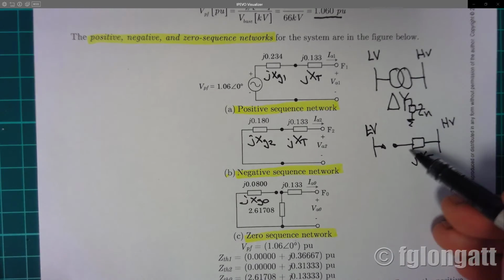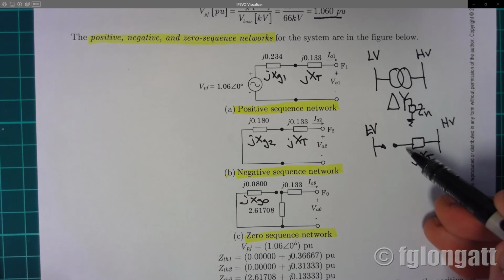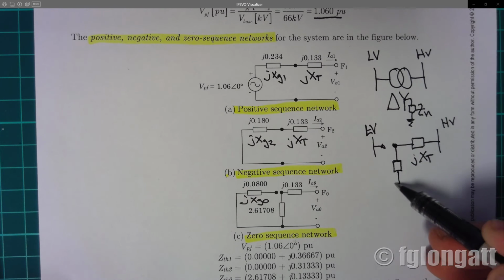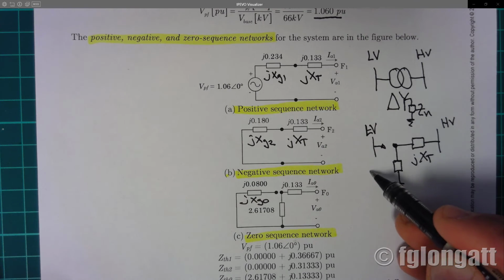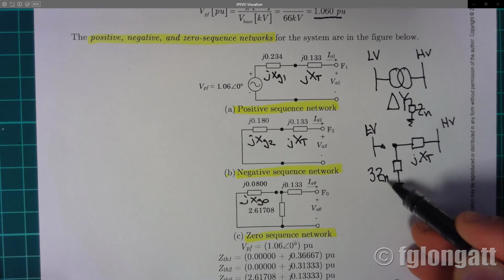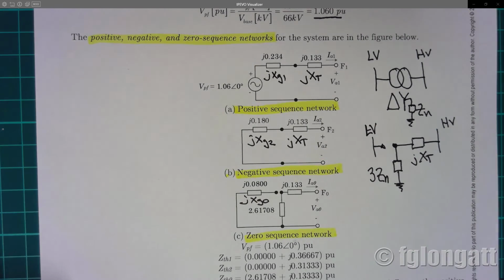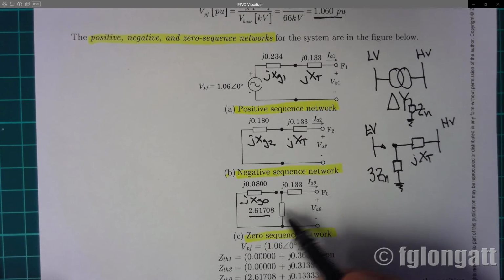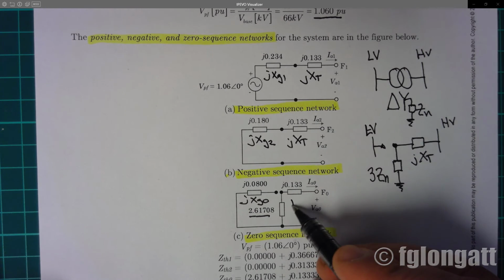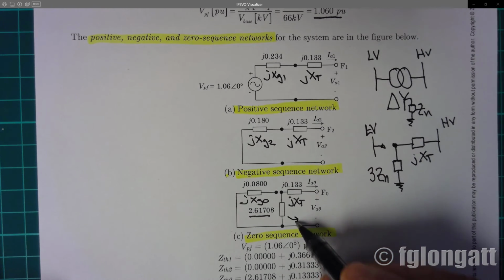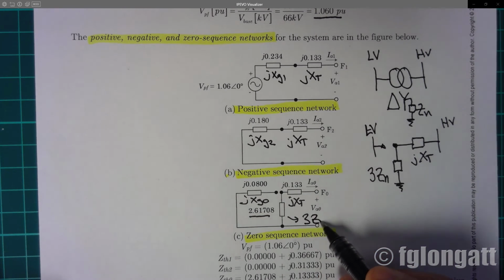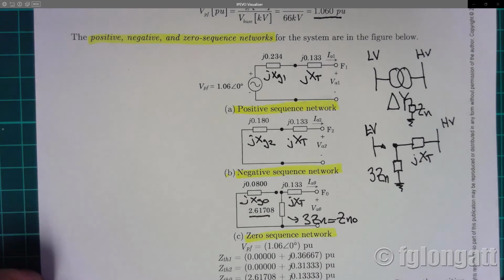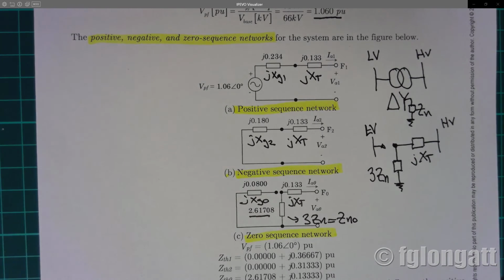But when the zero sequence currents arrive to the neutral point, they go to ground through the 3 times zero sequence neutral impedance. And this is the model that I am showing here. This is the transformer. And here we have 3 times the neutral impedance, okay?